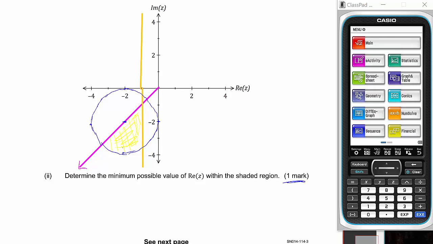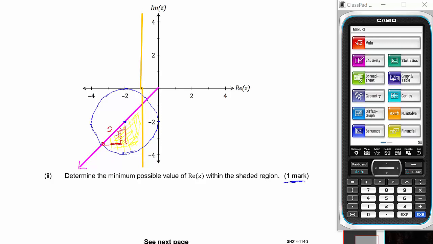So what I'm going to do, this is obviously the point we're after. Let's form a triangle here. Now we know that this is 2 because we know the radius is 2. And we know that this is π/4 or 45 degrees.